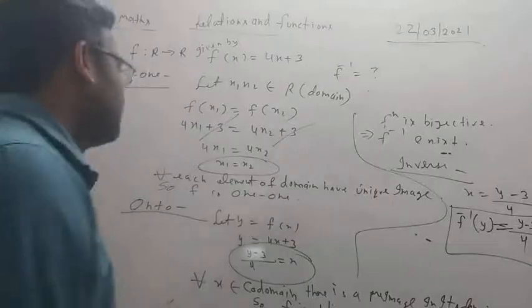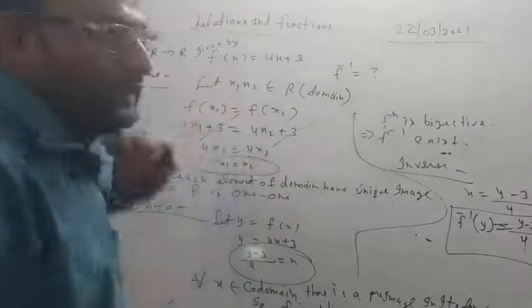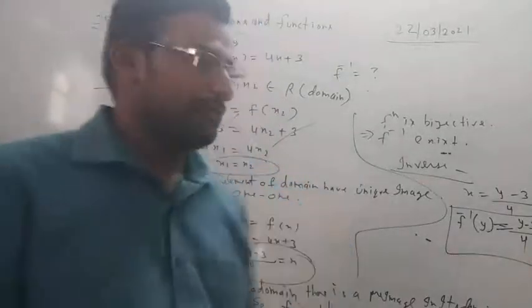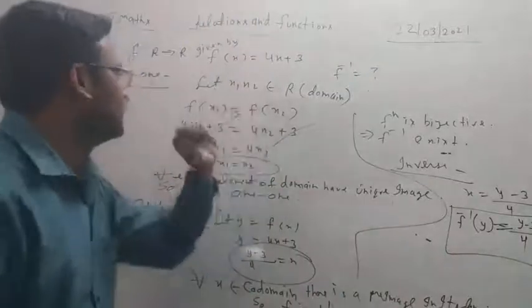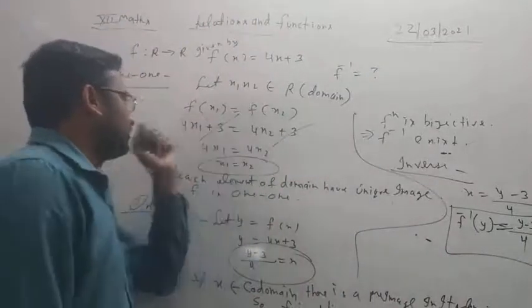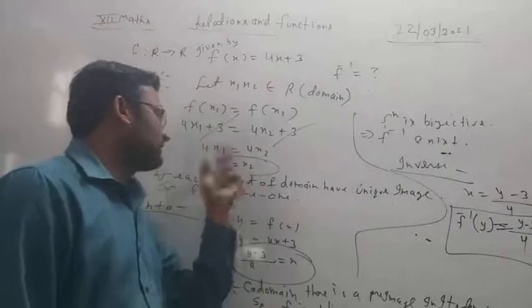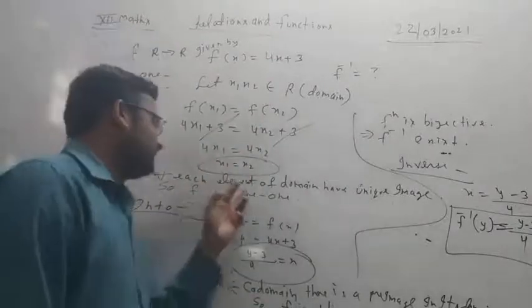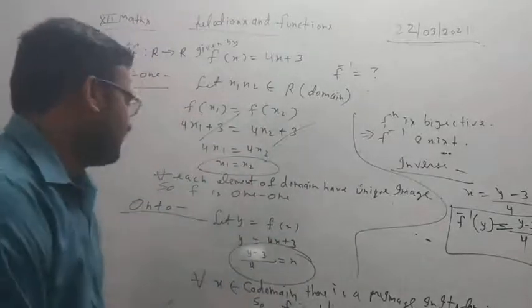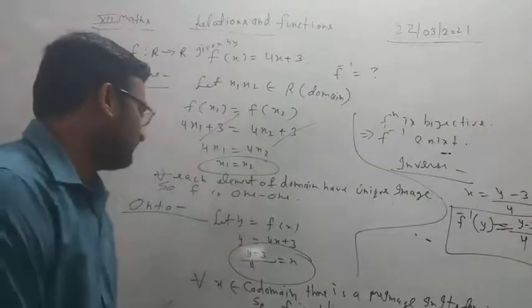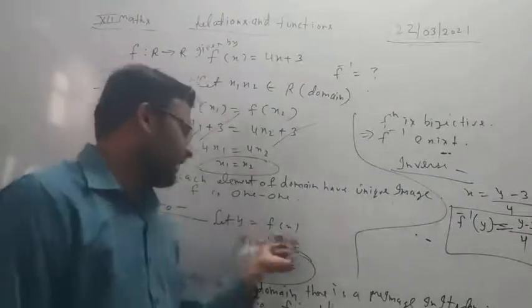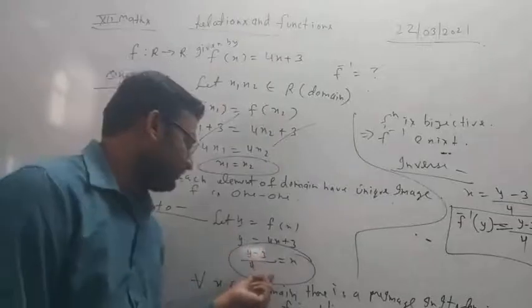First of all, we have proved that this function is one-one. For this, we have taken two elements of the domain, and f(x1) = f(x2). So this 3 and 3 cancel, x1 = x2. Each element of the domain has a unique image, so the function is one-one. For onto, y = f(x), so y is equal to this, so x is this.